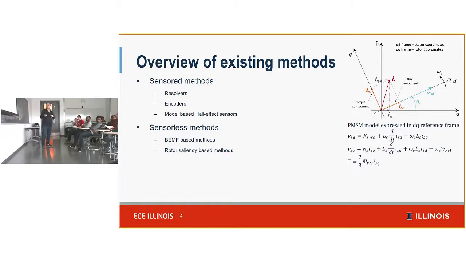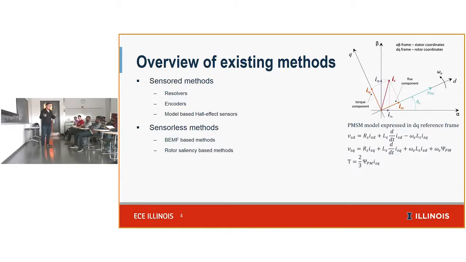The second method will be rotor saliency-based methods. So how it works is it tries to inject a high-frequency signal into the machine. And the key feature that's required for this is that the D-axis inductance and the Q-axis inductance must be different. So there must be a salient feature in the rotor.